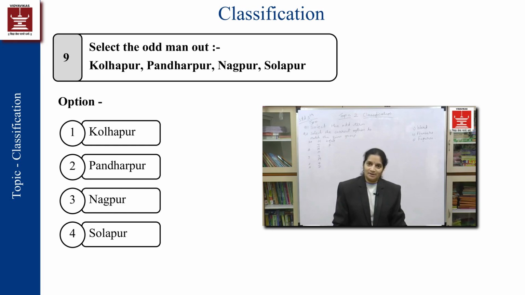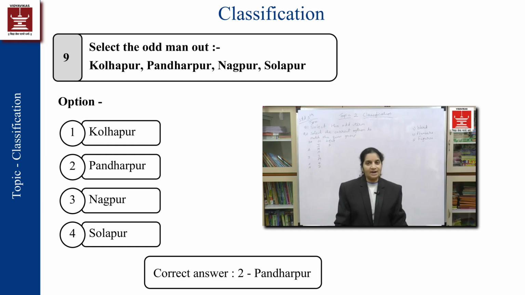They all are rhyming, but nothing about rhyming is being asked over here. So what is the difference between them? If you see, only Pandharpur is the name of a city, whereas the rest of the three are names of districts. So you need to have one similarity which will be possessed by three options, or one criteria which will be possessed by three of them and which is not there in the fourth.